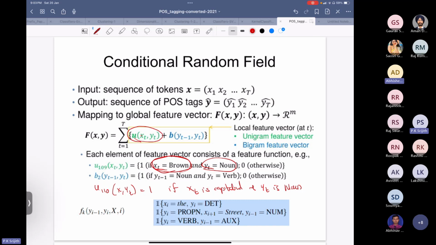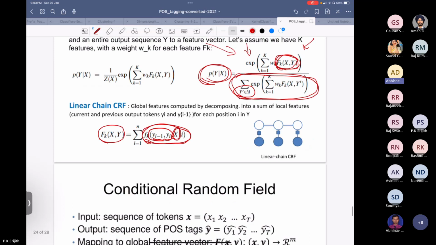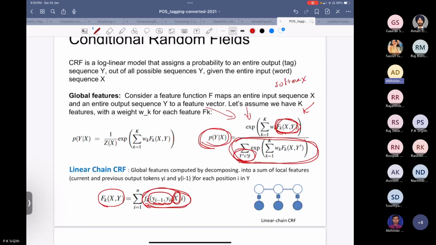Sir, these features are just calculated from this X and Y pair. My question is, in the previous slide, we had summation over labels, and that's why we said the computation becomes very expensive. But how is this feature going to help this computation here? Because the summation will still be there, right?